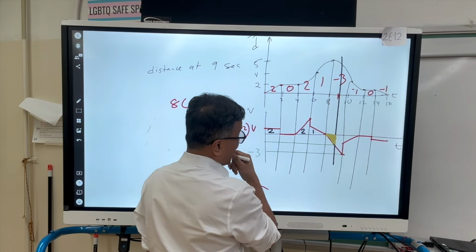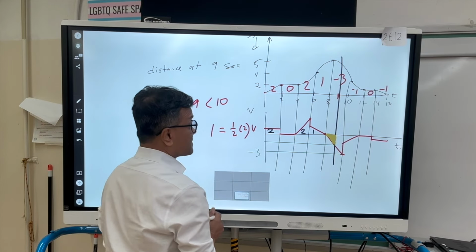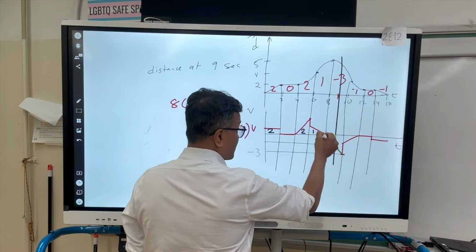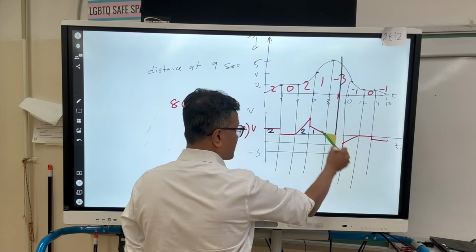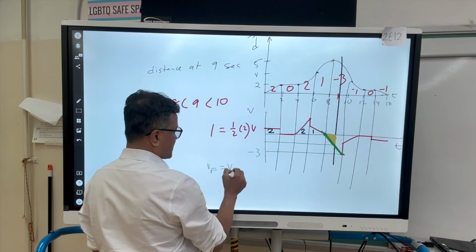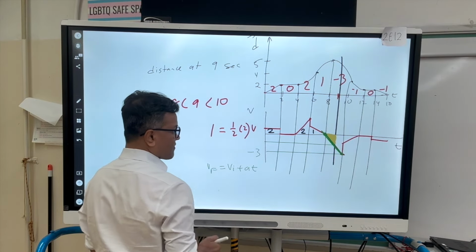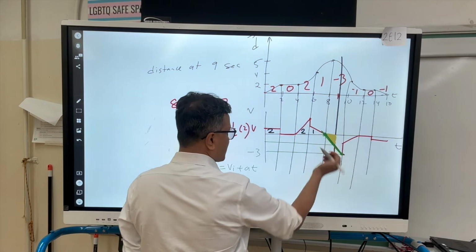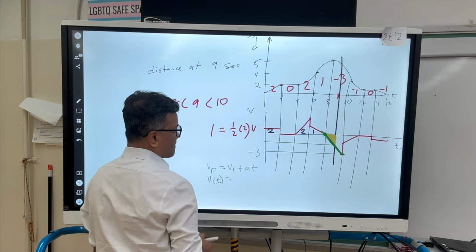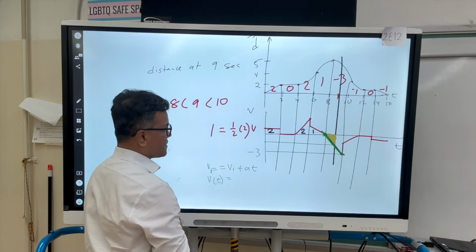Okay, let's see how I know it. Let's find the velocity equation, because the velocity equation is the same thing from here to here. So Vf is equal to Vi plus At. Acceleration from here to here is the same. Why is that? Okay, let's write it down. Vi at 8 seconds is 0.